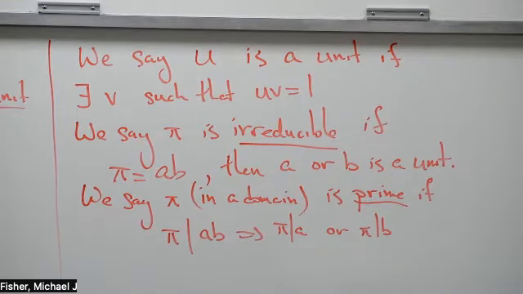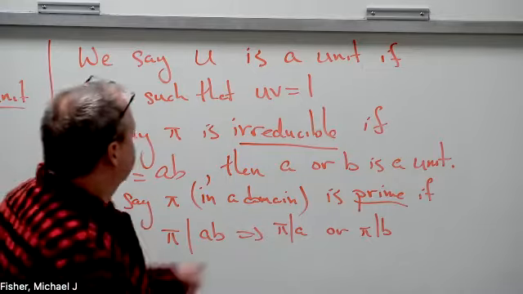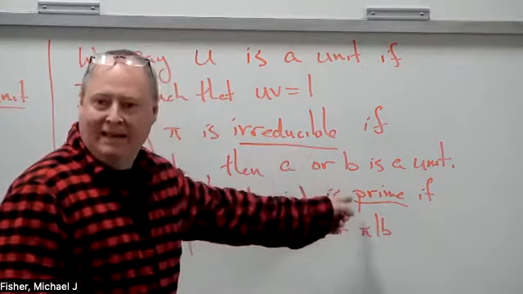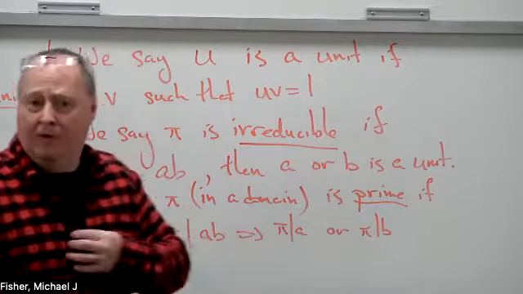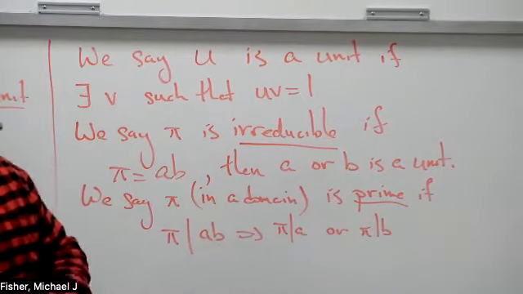In the integers, these are almost synonymous. There's actually a prime integer that's not irreducible. Anybody know what it is? 0 is actually prime in the integers, but it's not irreducible. However, every irreducible integer is in fact prime. How many of you know that these are actually distinct concepts? Anybody know of an example that splits them up?